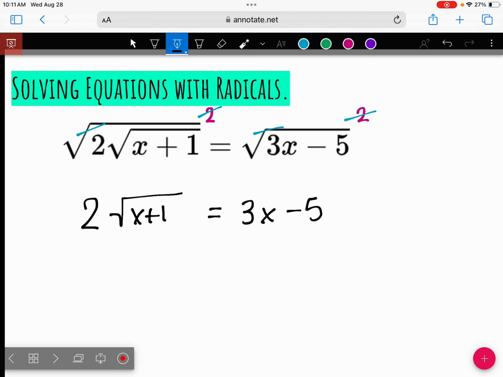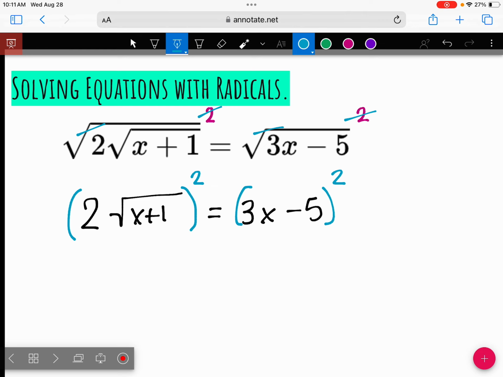But when you square it, you also have to square the 2, because we need to square this whole side. It's a product, like having 2x or 2y, 2b. I've got to square both pieces. The right-hand side, again, we have to square the whole side.